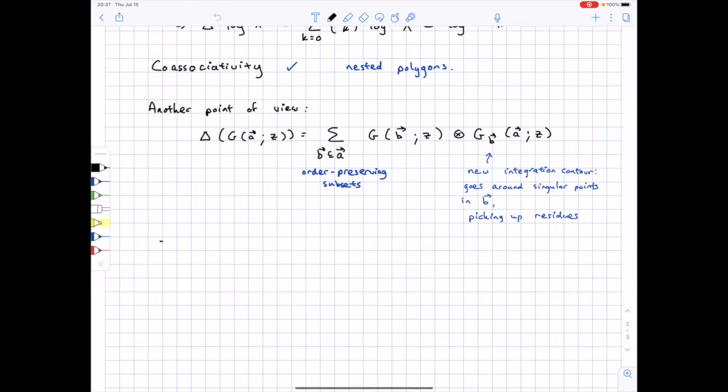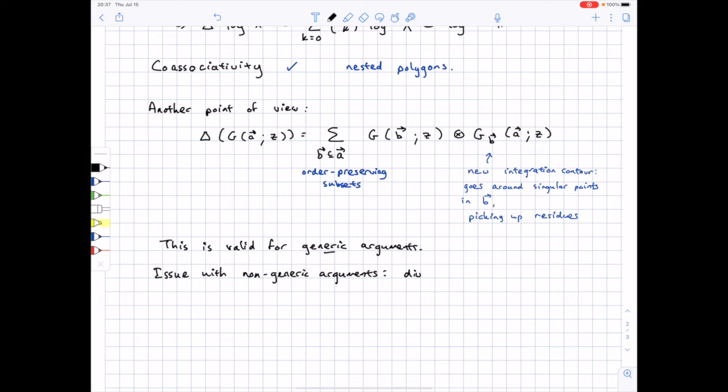Now again, extremely important, this coproduct formula is valid only for generic arguments. An issue that arises with non-generic arguments is you can land on values where you have divergences. Divergences arise most obviously if you're setting up a multiple polylogarithm and integrating to the point of the last singularity.